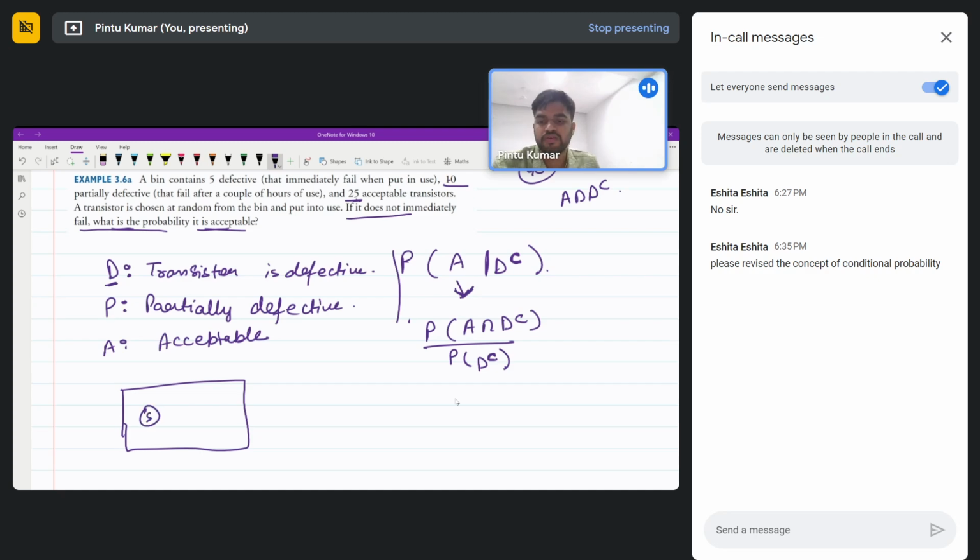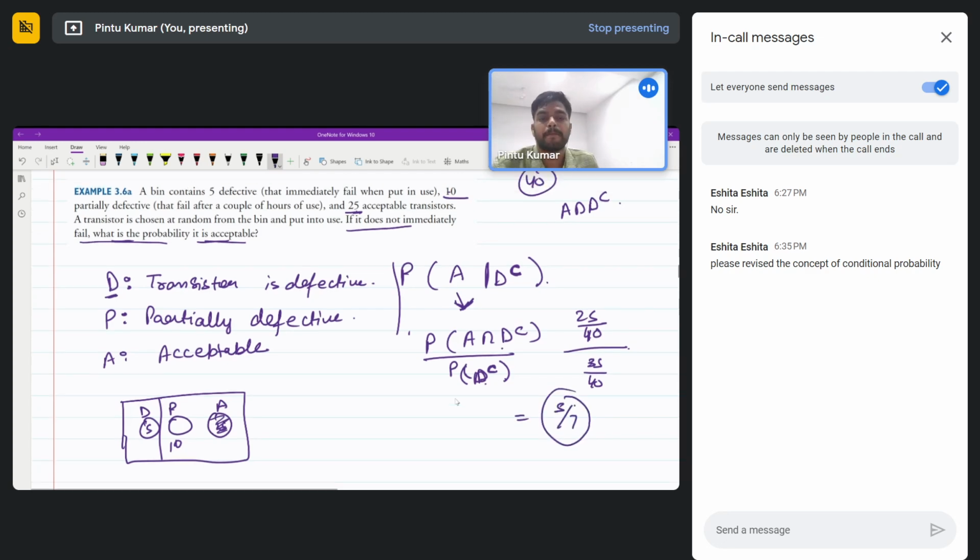There are 5 defective, 10 partially defective, and 25 acceptable, and all of them are mutually exclusive events. So A intersection D complement would be just this portion. So this is 25 by 40. And what is the probability of D complement? D complement has 35 elements, so 35 by 40, which is nothing but 5 by 7.